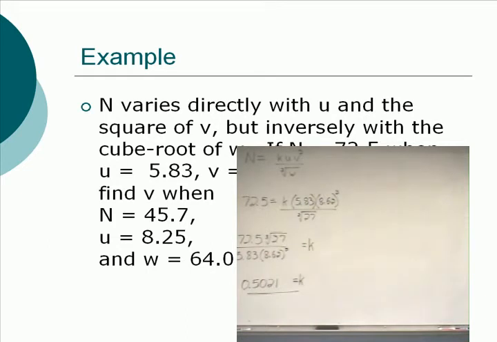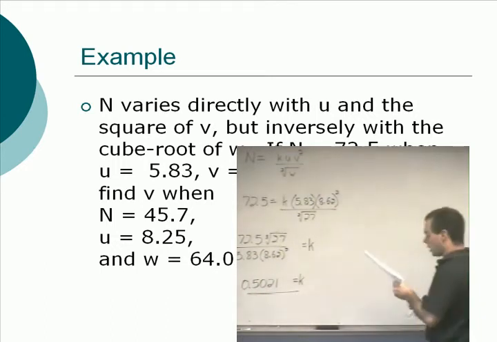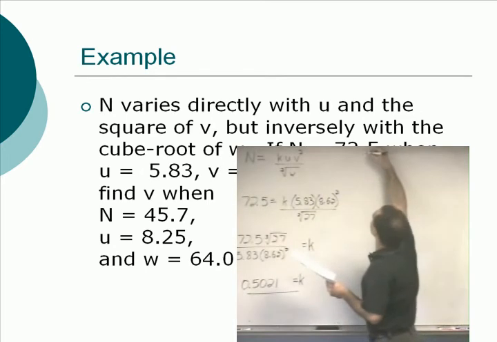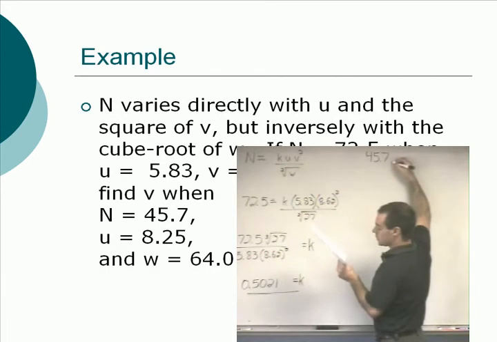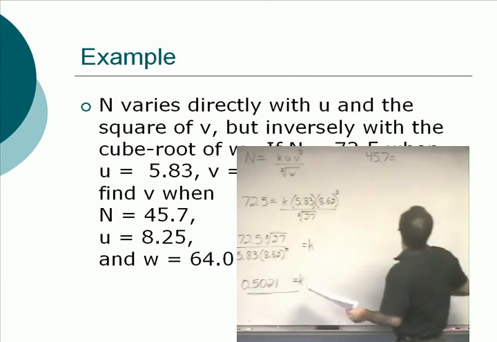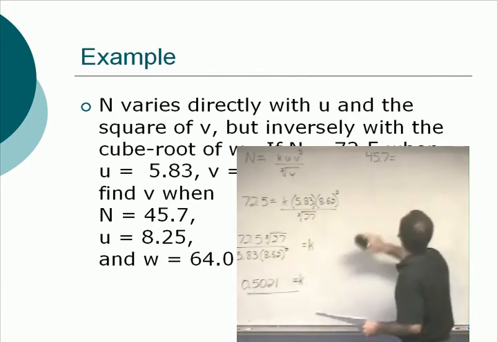Okay, we want to find V, so V is going to be the one that we don't know. When N equals 45.7, scoot that over just a little bit or I'm going to run out of space.